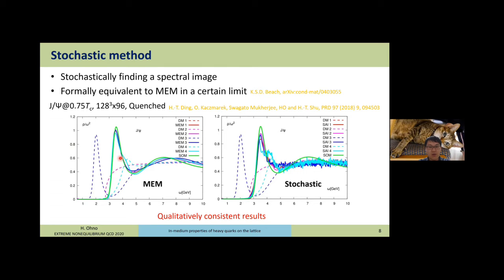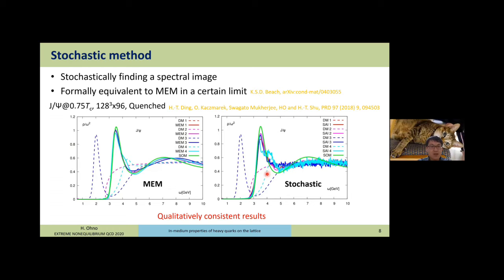However, there is also some sort of difference between these two. So maybe it is good to check this uncertainty of the spectral function by using these two different results.